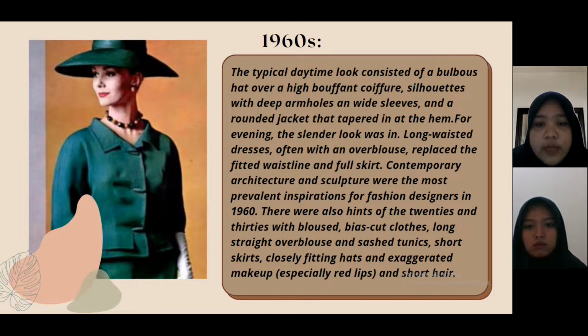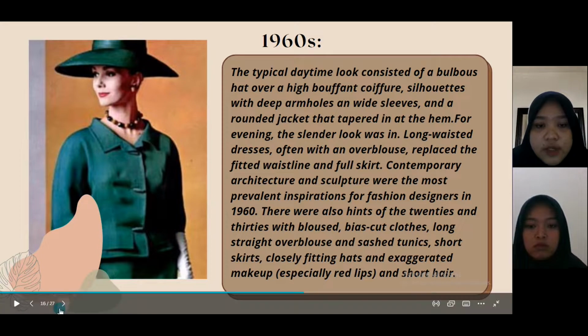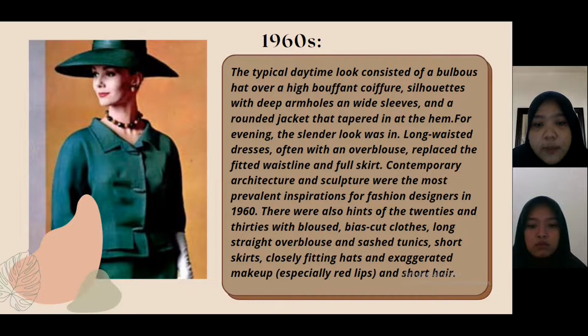There were also hints of the twenties and thirties with blouse and skirt outfits, long straight overblouses and sassy tunics, short skirts, closely fitting hats, and extra-grade makeup, especially red lips and short hair.